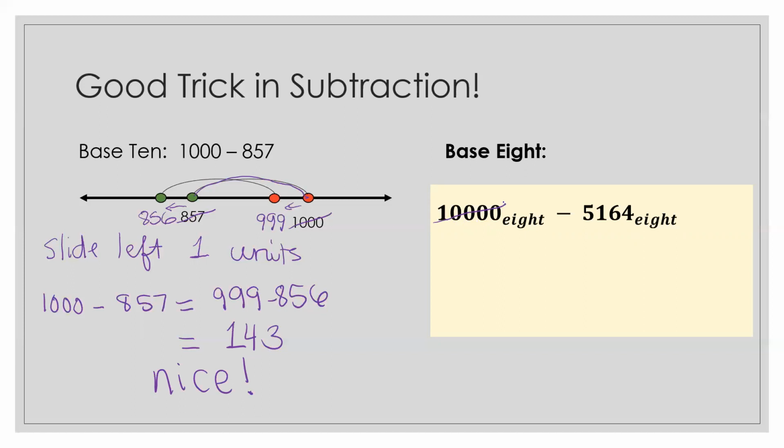So what is a number right before this one? Well, right before a full group of 8 is 7. So I have 7, 7, 7, 7 instead of 1, 0, 0, 0, 0.